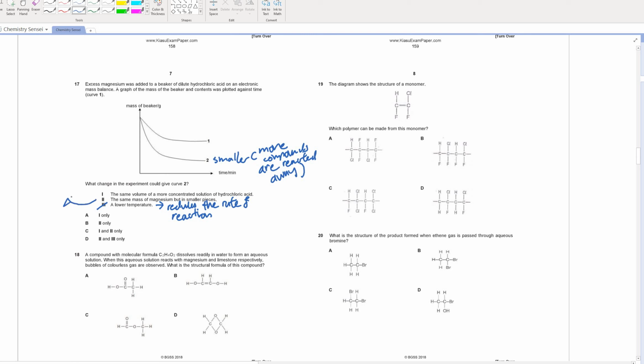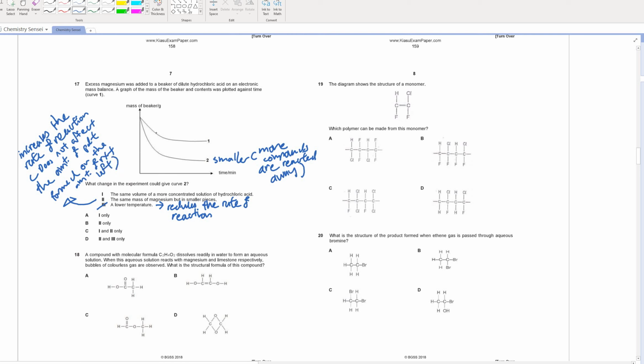So this actually increases the rate of reaction. Similarly, this does not affect the amount of product formed or the amount of reactant left.